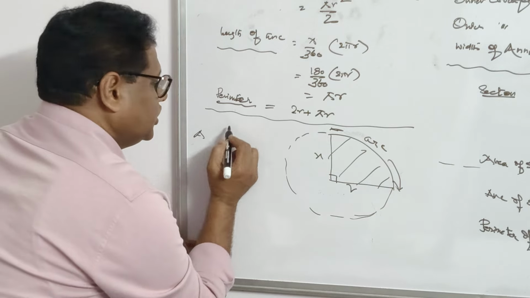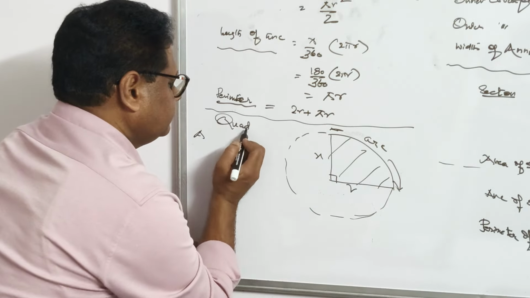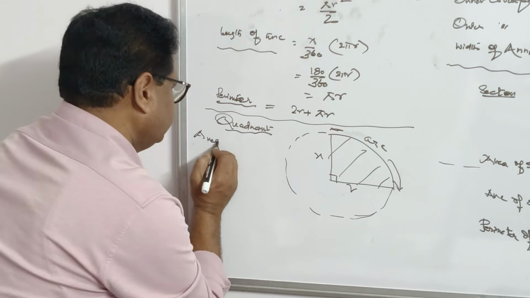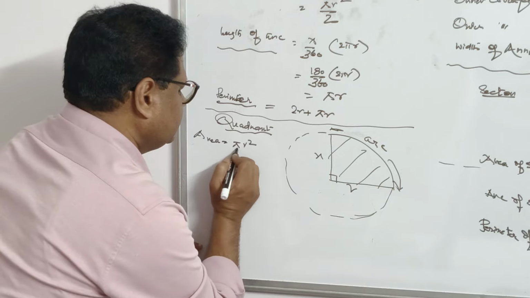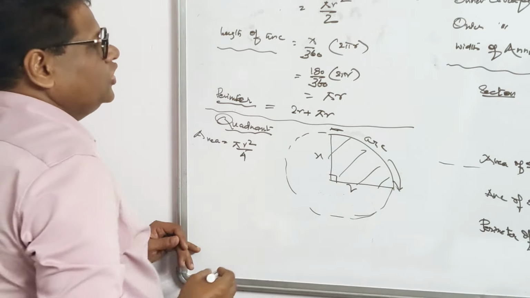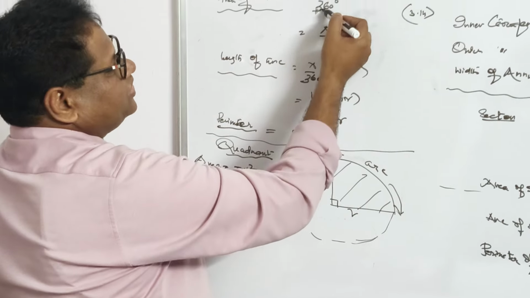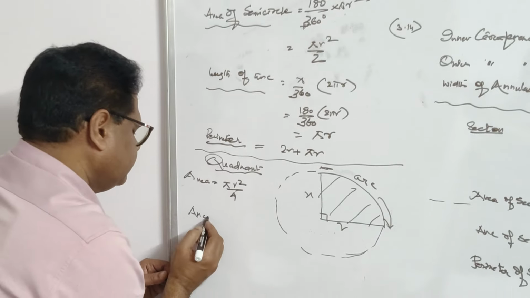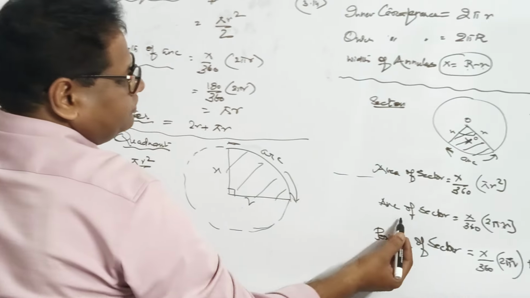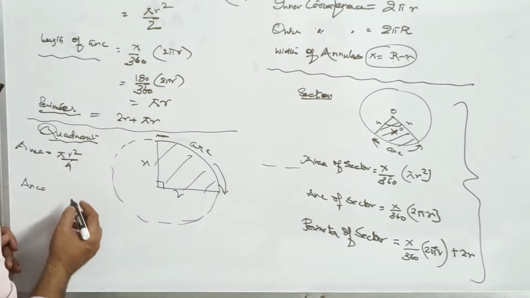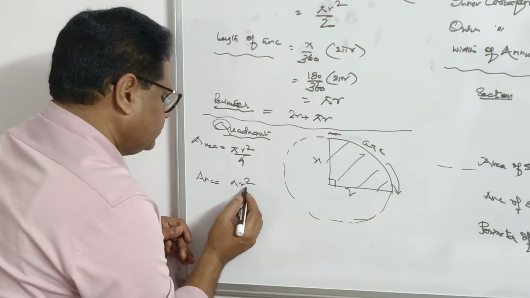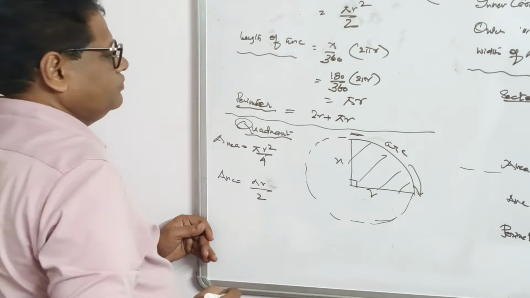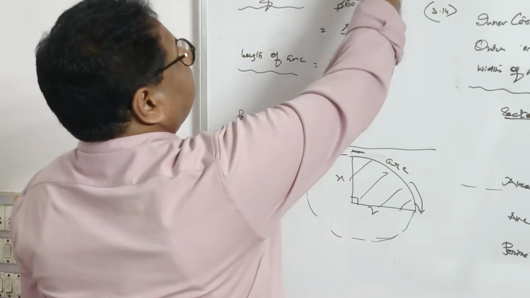So for area of quadrant, we have pi r square by 4, because putting in this value 90 by 360 of pi r square, it comes to pi r square by 4. For arc length, applying this formula, 90 by 360 of 2 pi r, it comes to pi r by 2, because this is half of this.